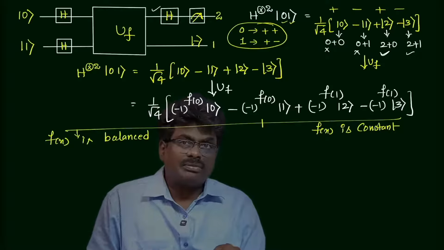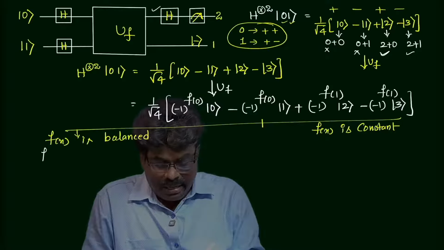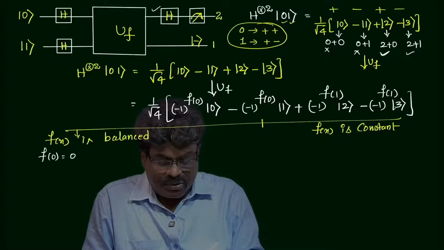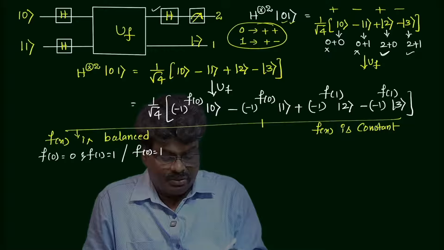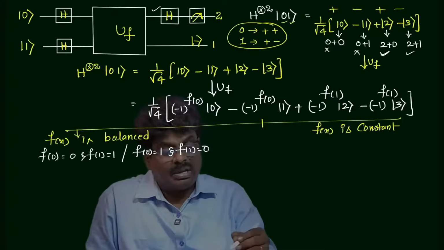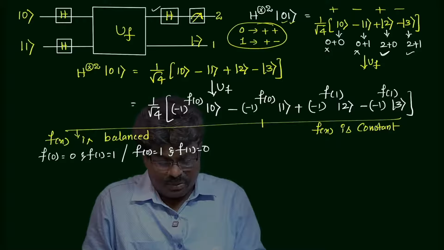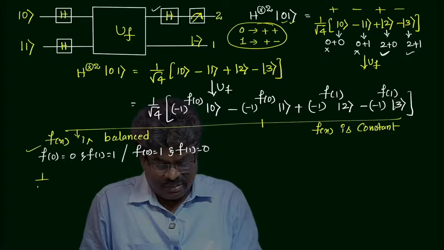Here we have f of 0 and f of 1 output. So balanced means you can take f of 0 equal to 0 and f of 1 equal to 1, or f of 0 equal to 1 and f of 1 equal to 0. Any one thing you can try. The first one I will explain, the second one you please do it.